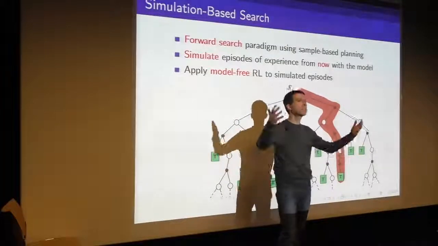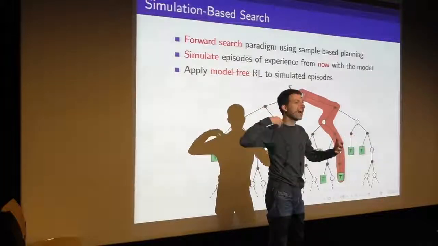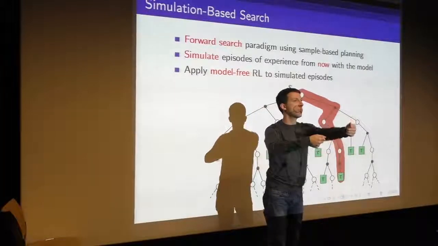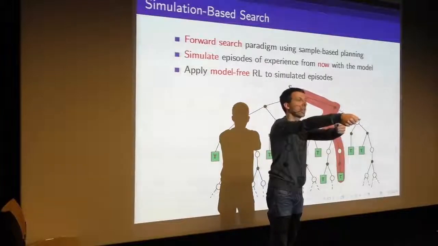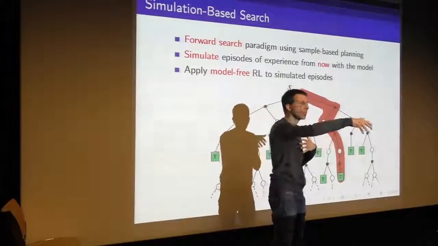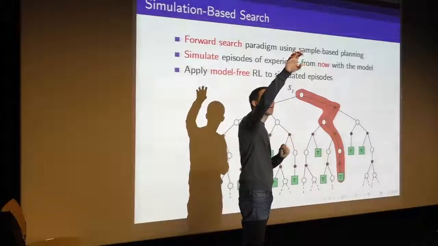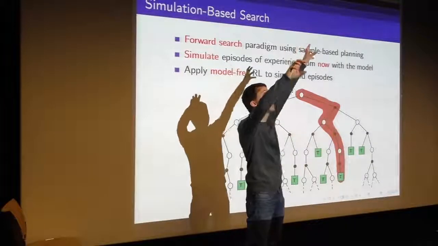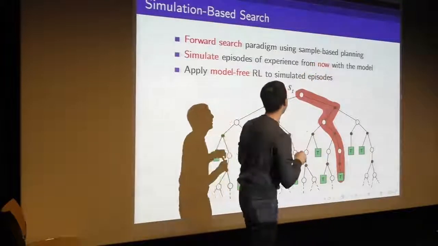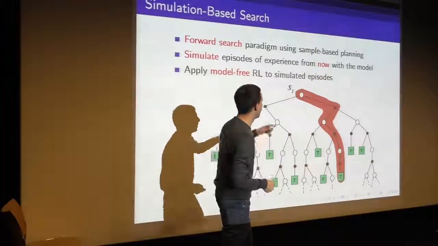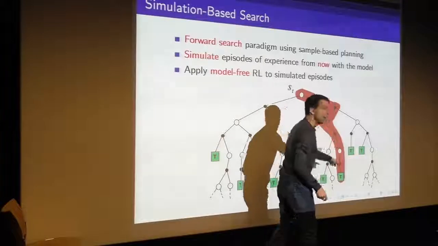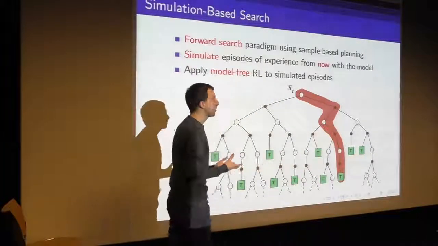I'm in this position in my game of chess, and I'm going to imagine what my opponent might do and what I would do after that, and then what the opponent might do after that. I imagine the whole sequence, or I'm climbing up the mountain, and I imagine if I was to put my hand to here, I'd be in that state, and then I'd have to move my hand to here, and then my foot to here. I imagine the whole trajectory out, and then I learn from that imagined experience.